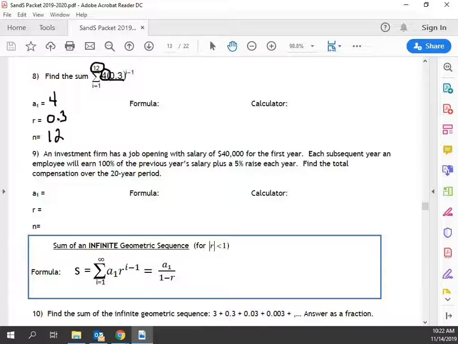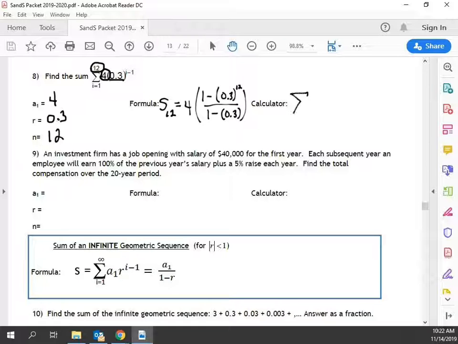Good, John. Nice. So if we were to use the formula here, S sub 12 is going to be the first term, which was 4, parentheses, 1 minus 0.3 raised to the 12th power, over 1 minus 0.3.